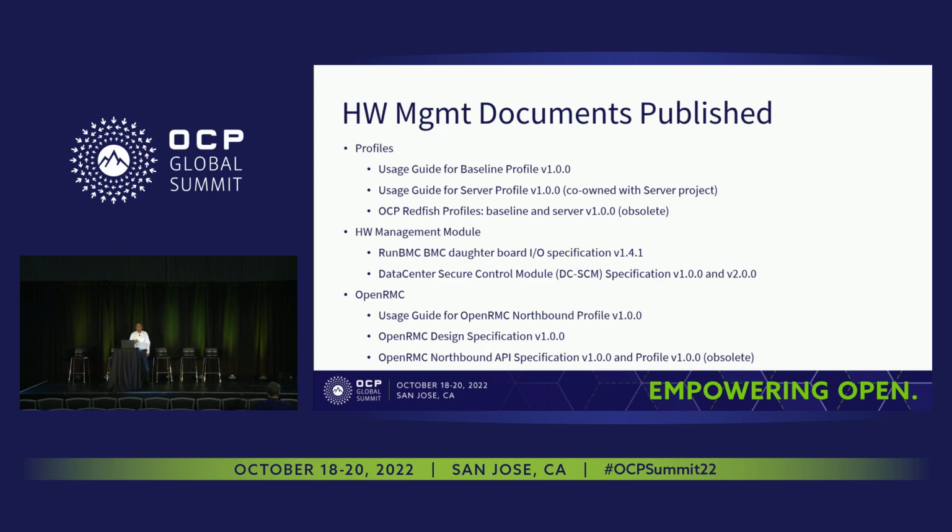And similar to profiles, we previously released those as API specification and profile specification. Those are obsolete now, so primarily you should focus on the usage guide and design spec. So these are already published documents. You can go to the hardware management wiki page and find all this, and from there go to the sub-projects' wiki pages and find all the published specs.